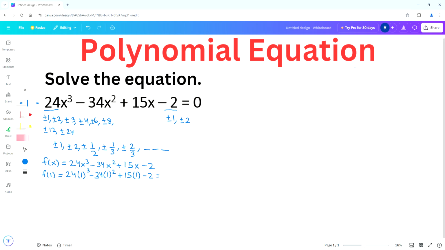When we combine these terms, we do not get a value of 0. That means x equals 1 does not work for us. Now we can try the second x value, negative 1.